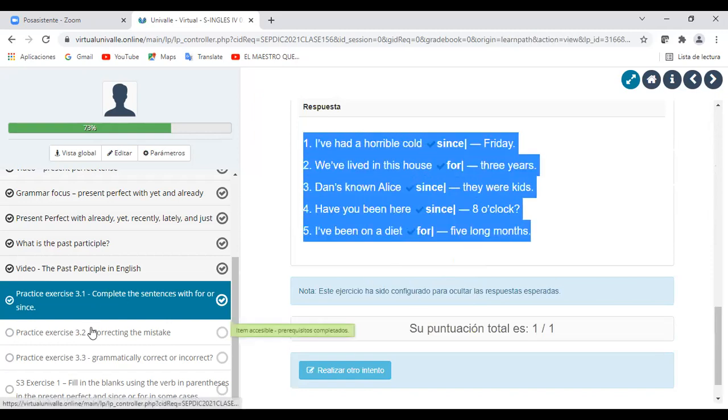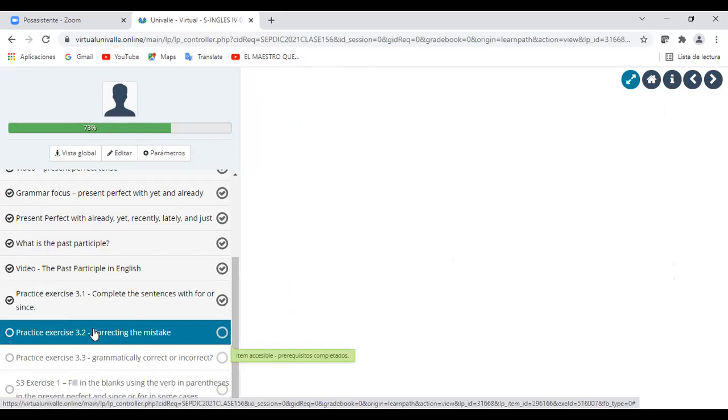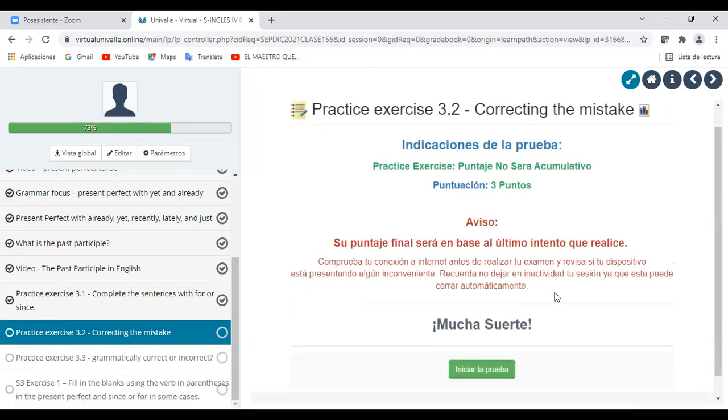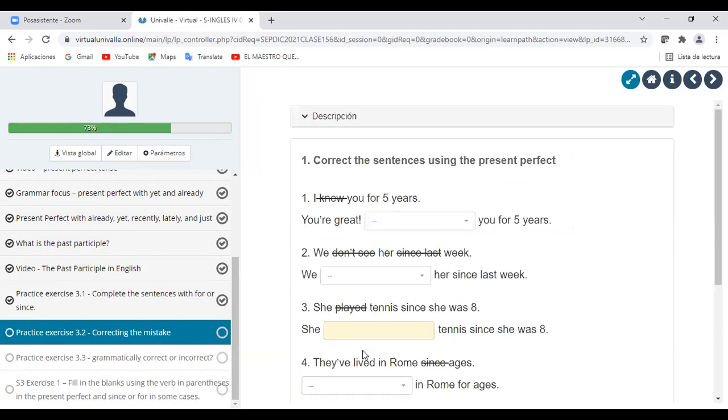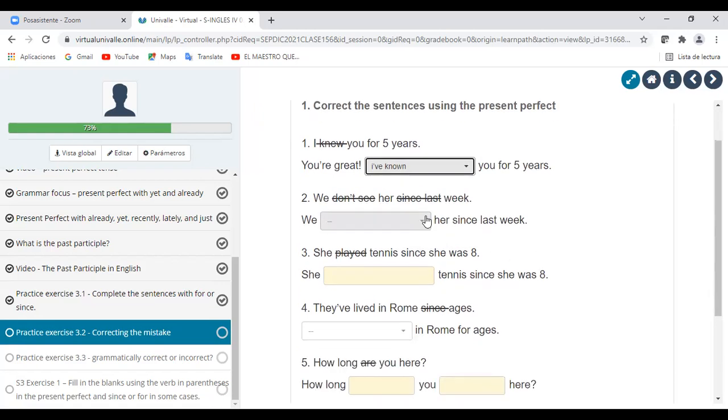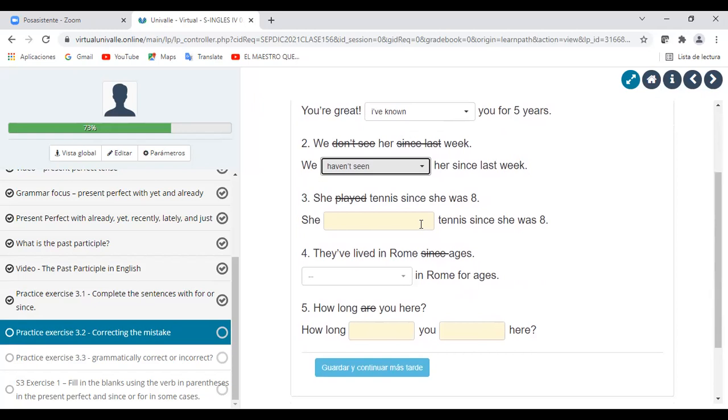Now let's move on to practice exercise number 2, correcting the mistake, okay? So we're going to correct. I've known you for 5 years. We haven't seen her since last week.